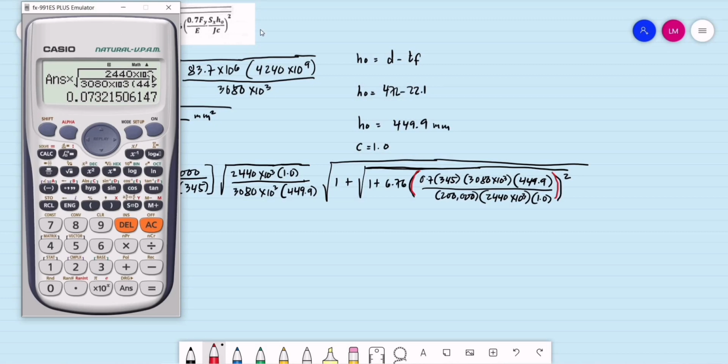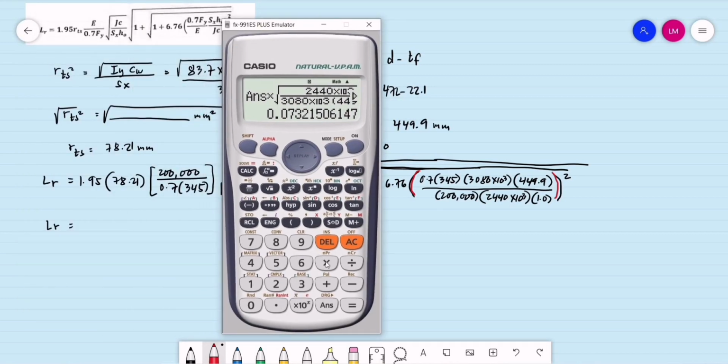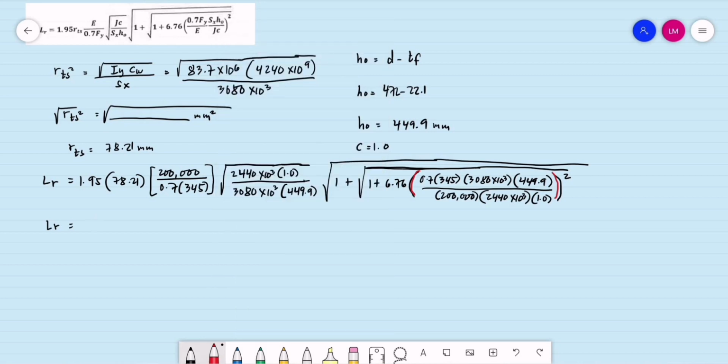And then to be multiplied by 200,000, then divided by 0.7 of 345 megapascals. And then multiplied by 78.21 times 1.95. And that is equal to 9,247.20.